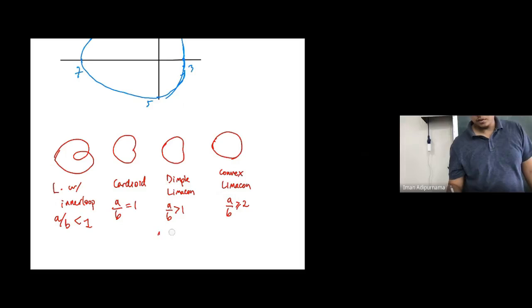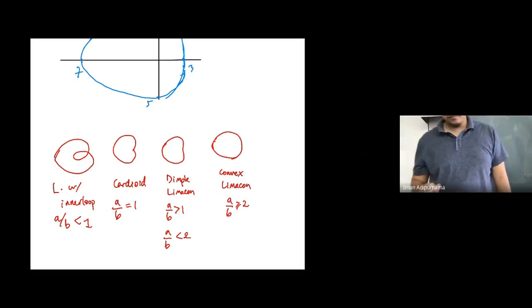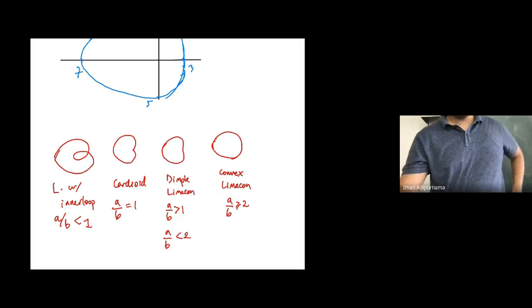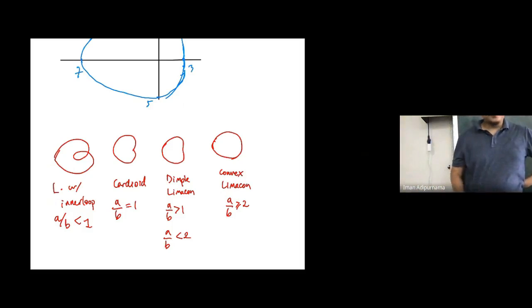Let me just write A over B should be 2. That's the limaçon review and example.